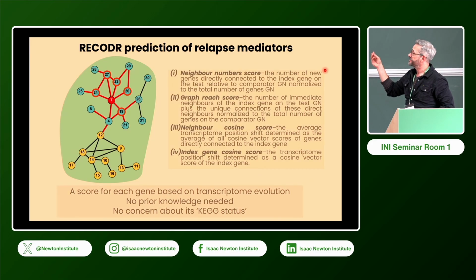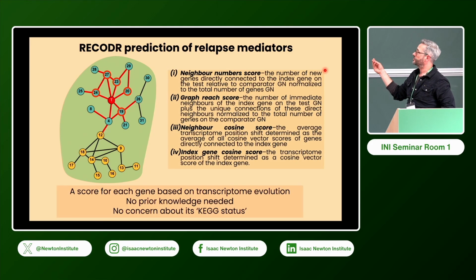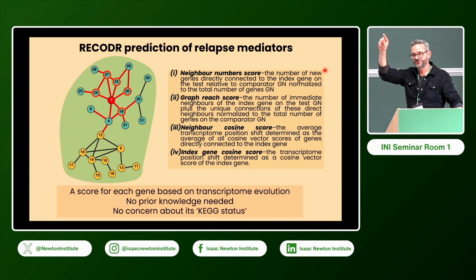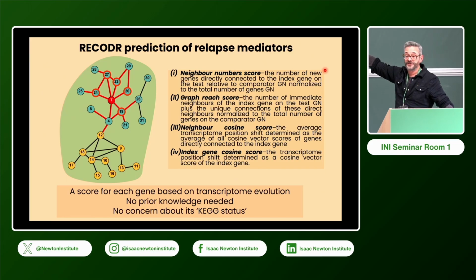So this uses 4 simple rules to quantify for every single gene on a graph how that has changed. It uses a number score for the neighbor, a graph score for each neighbor, a cosine score, and I won't go through each of these, but it's a bit like looking at the constellations in the sky, plotting where a star is, say in Cassiopeia, and then the next night it's in Orion, it's moved.